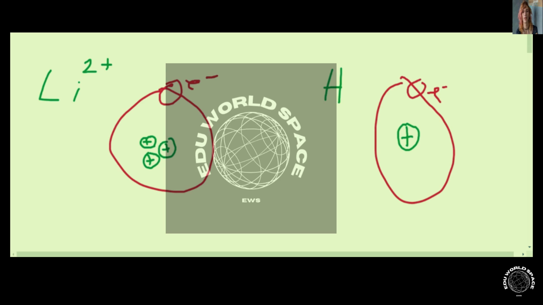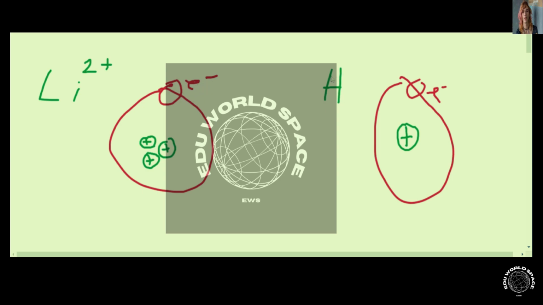Because both of these atoms only have 1 electron orbiting the nucleus, there's not going to be any interference from other electrons.